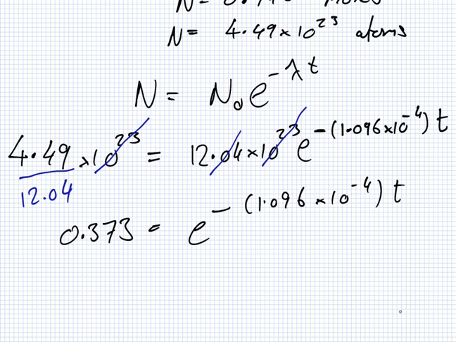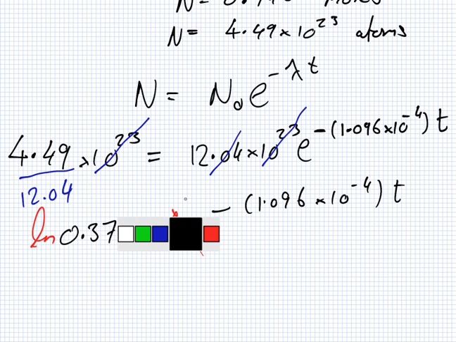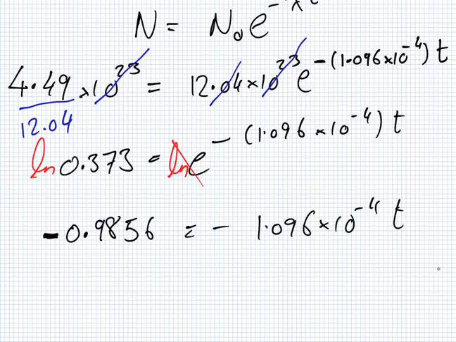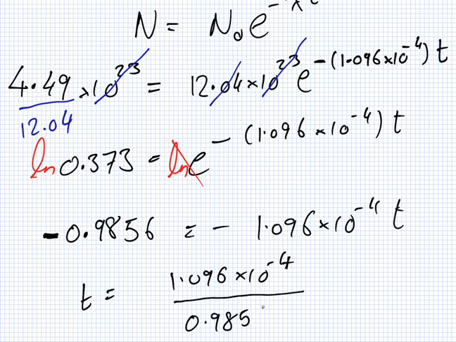Log. Both sides, yeah. So what's log of 0.373? 0.985. Okay, equals minus 1.096 times 10 to the minus 4 t. So t equals 0.9856 over 1.096 times 10 to the minus 4.